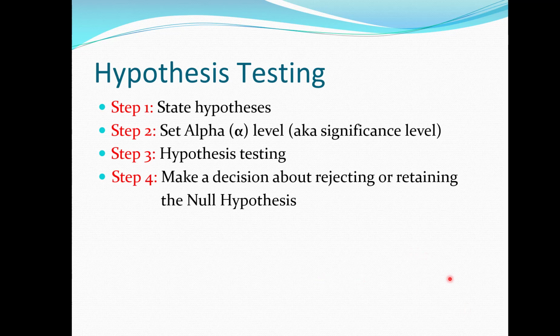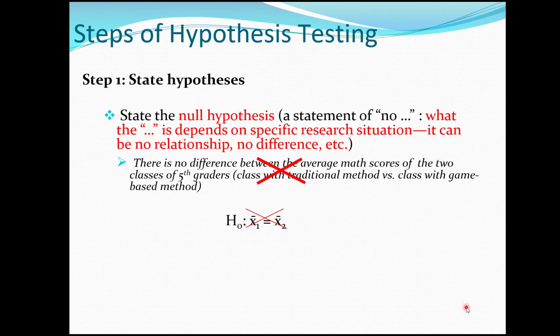Now let's first take a look at the first step, state hypothesis. When stating your hypothesis, you first need to state your null hypothesis. What is the null hypothesis? The null hypothesis is a statement of no something. What this something is really depends on your specific research situation.